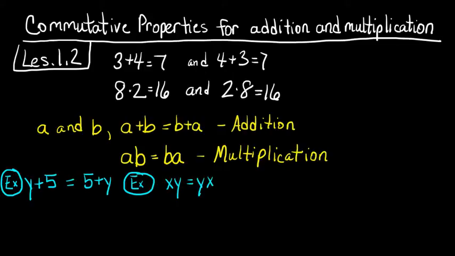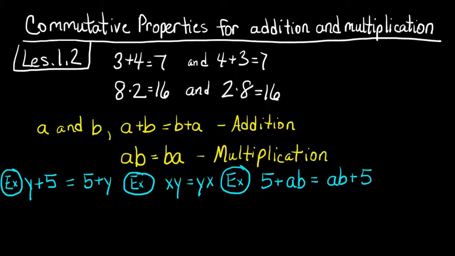Now here's another example. We could actually do several ways. If I gave you 5 plus a times b, and I asked you to write an equivalent expression using the commutative property, we know first that we can just switch it around: a times b plus 5.